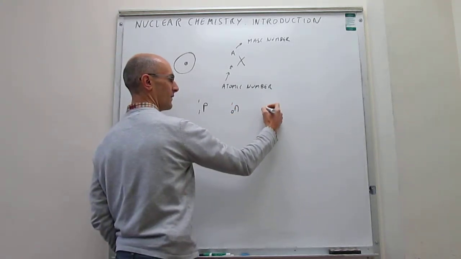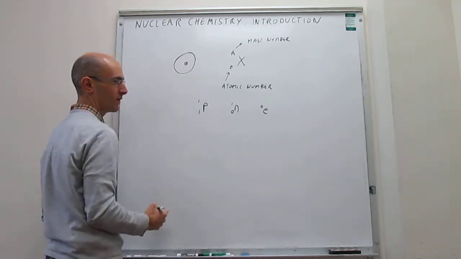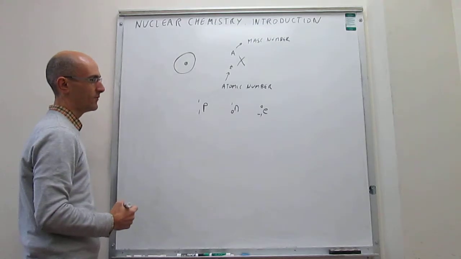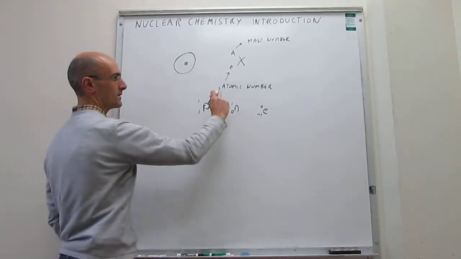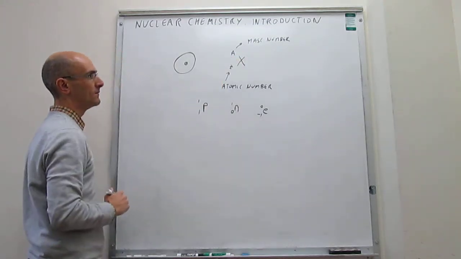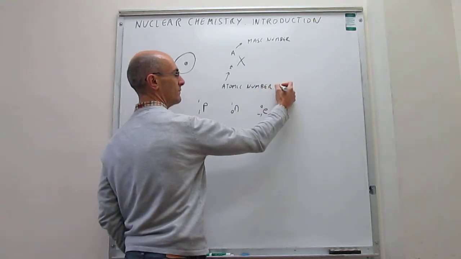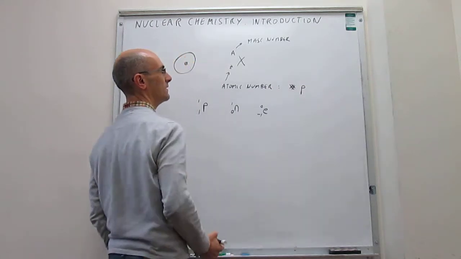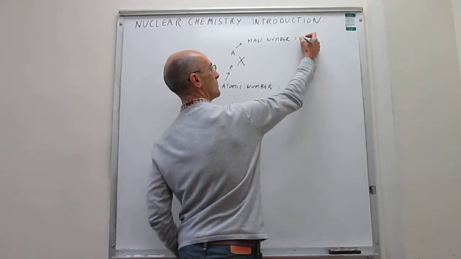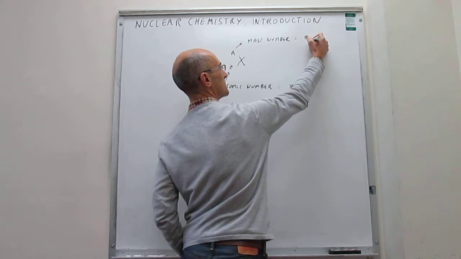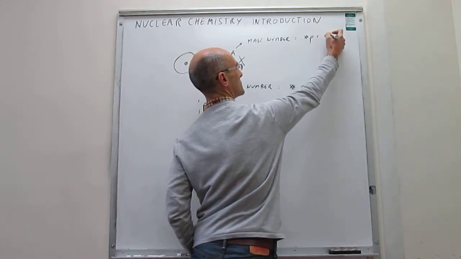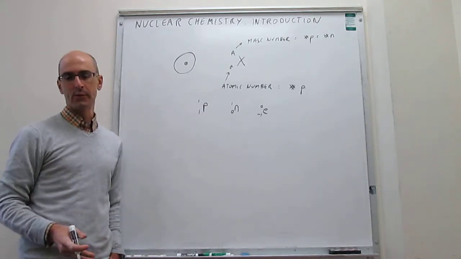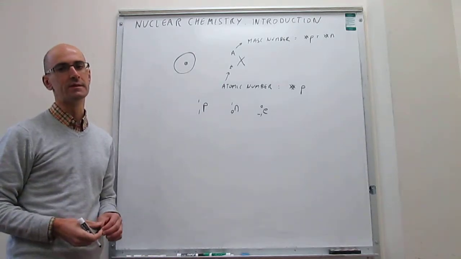And then the electron does not have any contribution to the mass number, and has an atomic number of -1. The atomic number is simply the number of protons in the nucleus. The mass number is equal to the sum of the number of protons and the number of neutrons. And that specifies completely a particular isotope of an atom that we might be interested in.